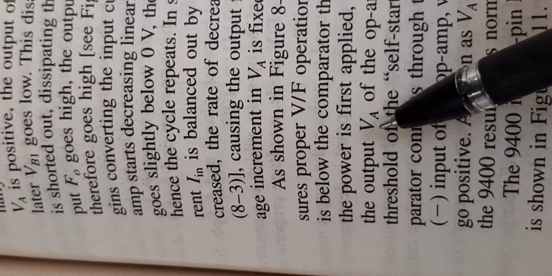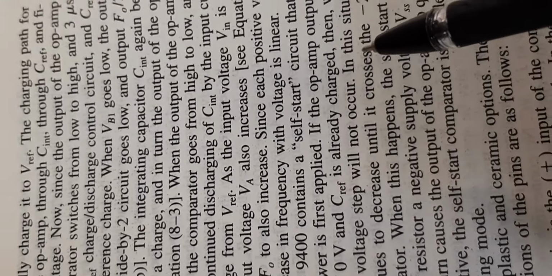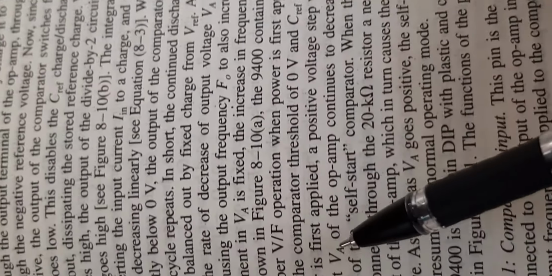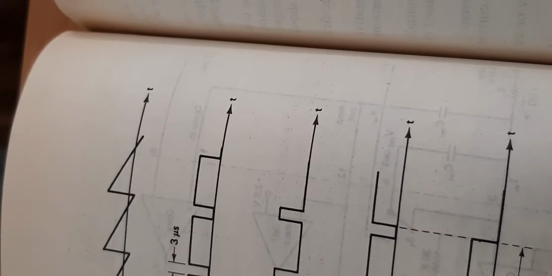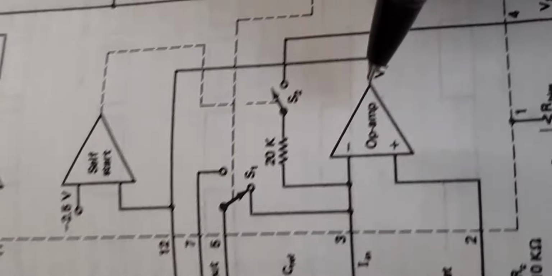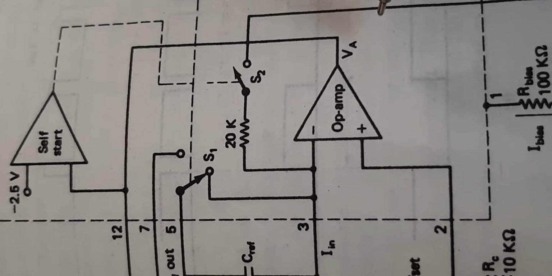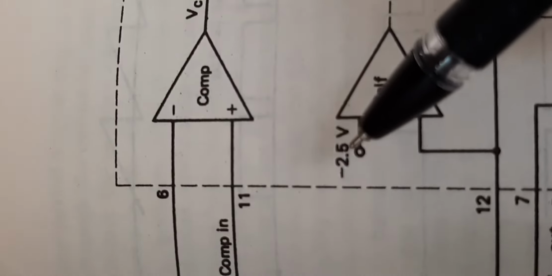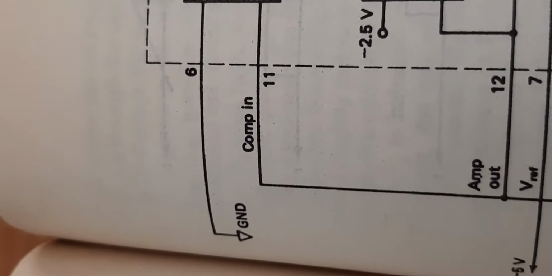Now, in these situations, the output VA of the op-amp continues to decrease until it crosses the minus 2.5 voltage threshold of the self-start comparator. So the output goes below this minus 2.5 threshold voltage.